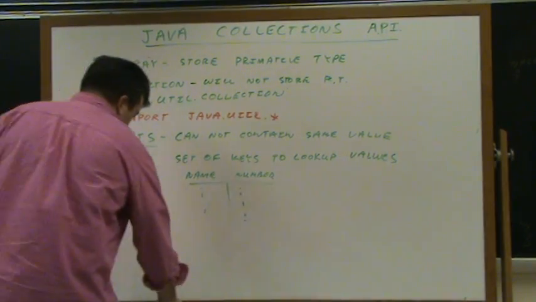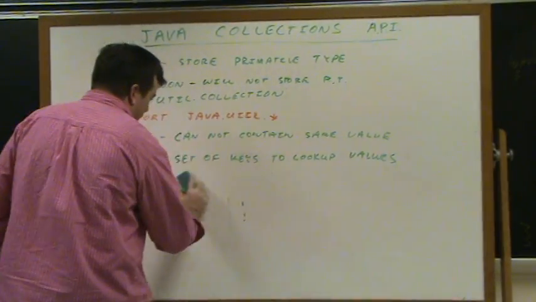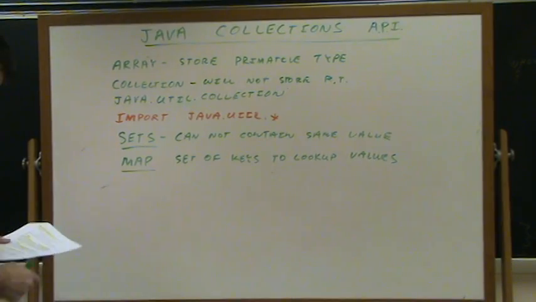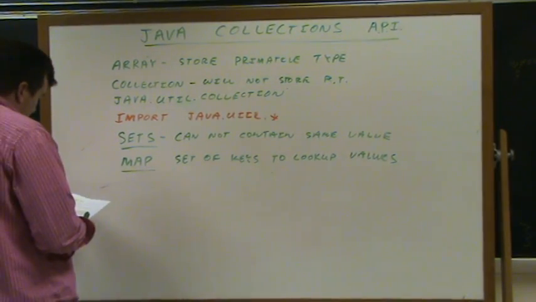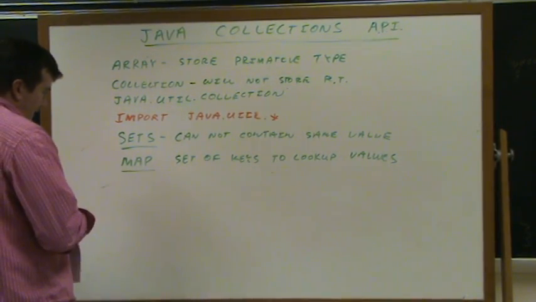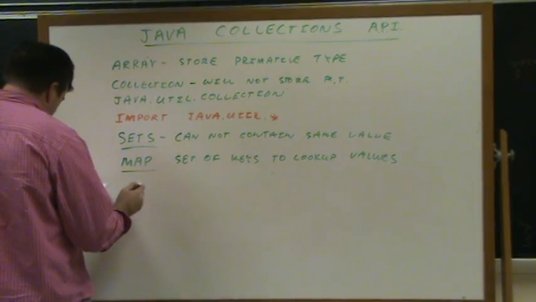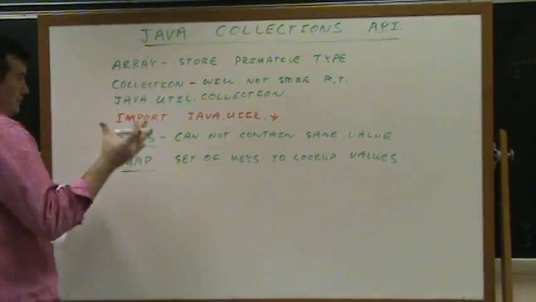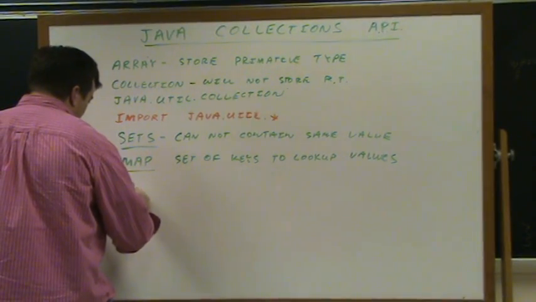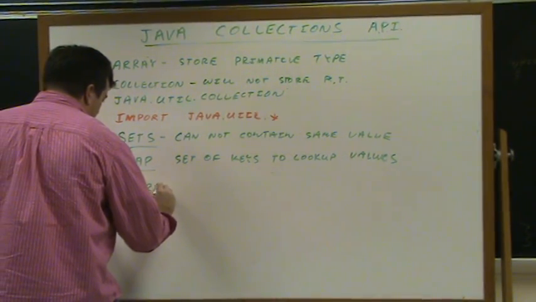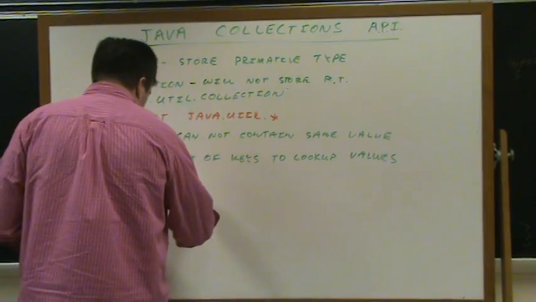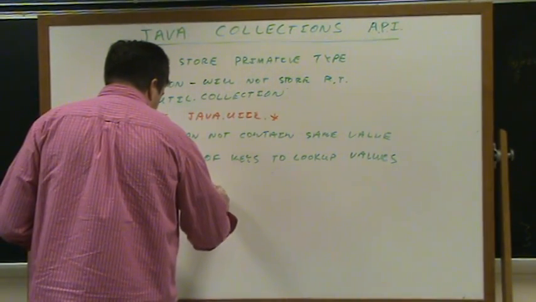Okay, then let me just go into this. These are pretty high level descriptions of values. So for example, let's go back and consider an array. An array, which is not part of the collections, came with Java before the collections came. An array is used for fast access.